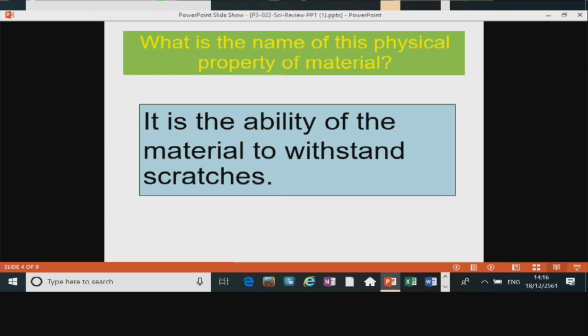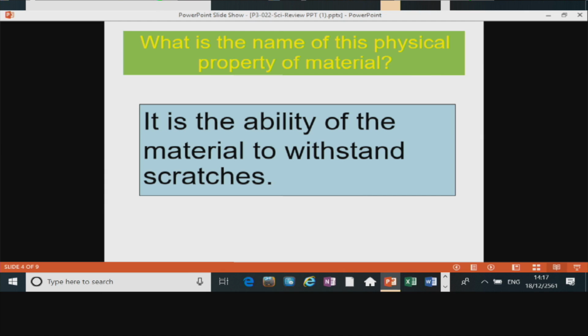Next one. What is the name of this physical property of material? Ready? It is the ability of the material to withstand scratches. What do we think?